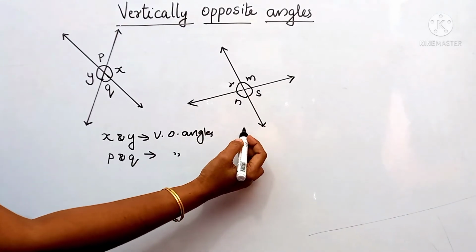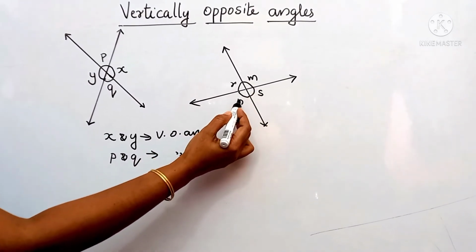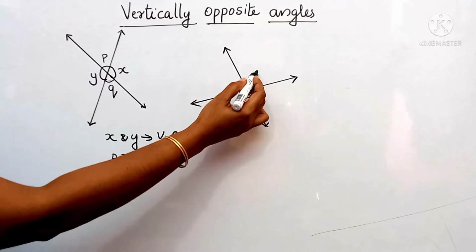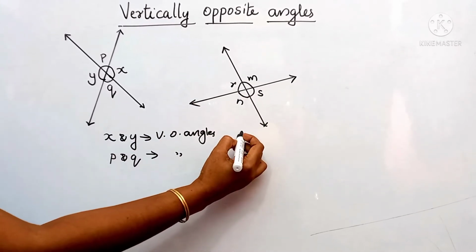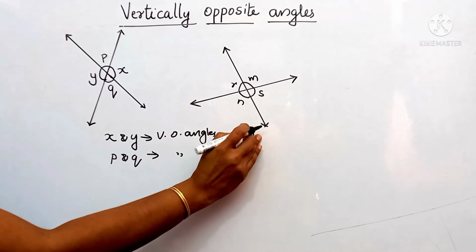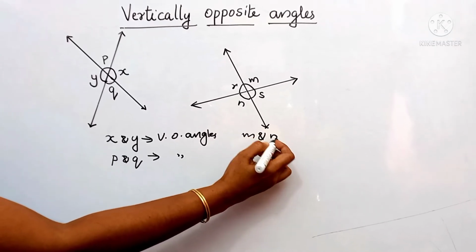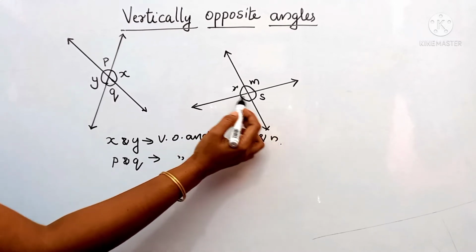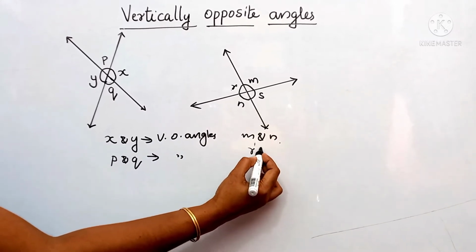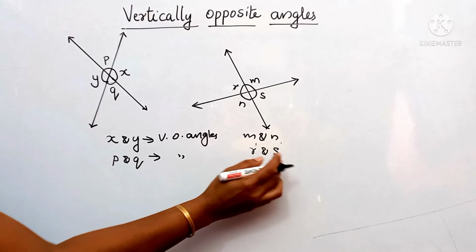And here you can see M and N. When we draw like this, these opposite angles M and N are vertically opposite angles, and here R and S are another pair of vertically opposite angles.